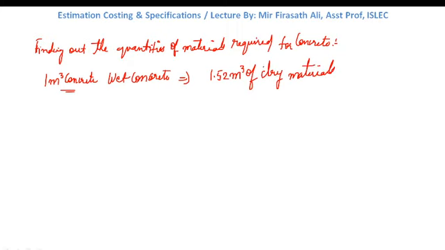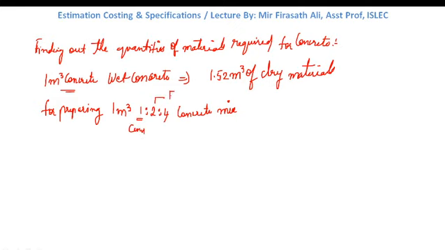Okay, let us consider one example. For preparing 1 meter cube of 1:2:4 concrete mix, how much material will be required? 1 is for cement, 2 is for fine aggregate, 4 is for coarse aggregate.